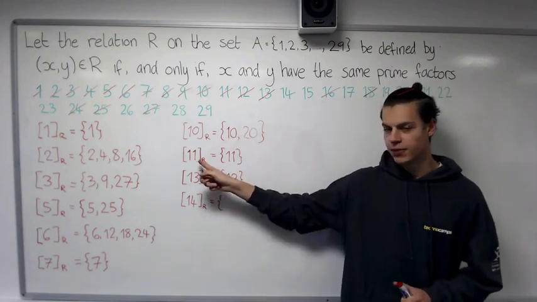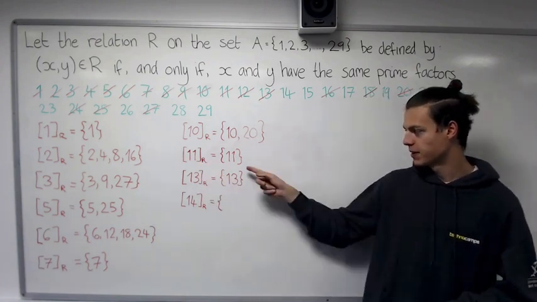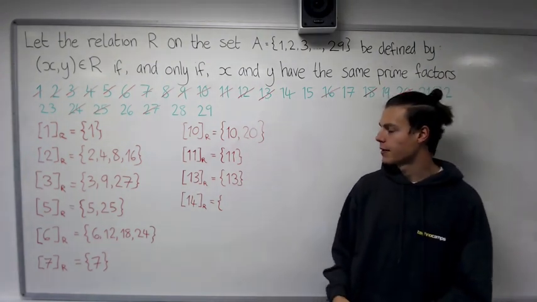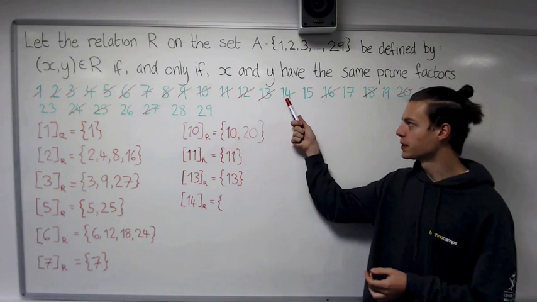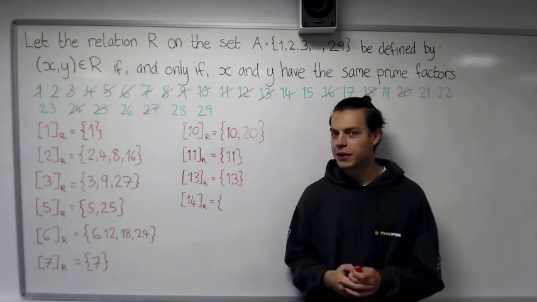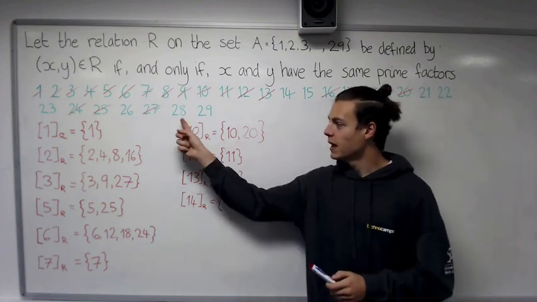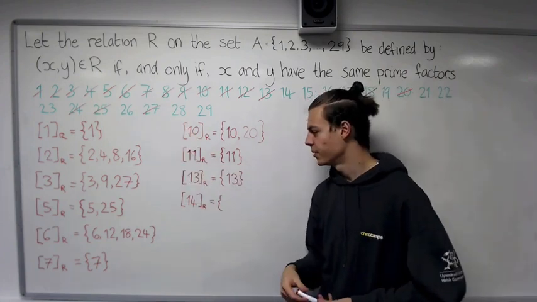Now the equivalence classes of 11 and 13 consist of just 11 and 13 respectively. And the next element we look at is 14, which has prime factors 2 and 7. 28 also has prime factors 2 and 7.